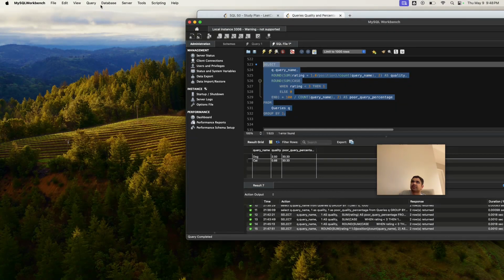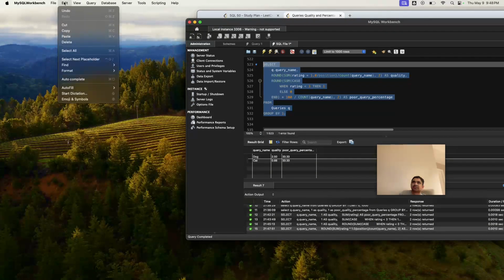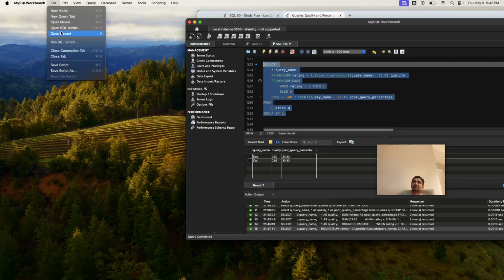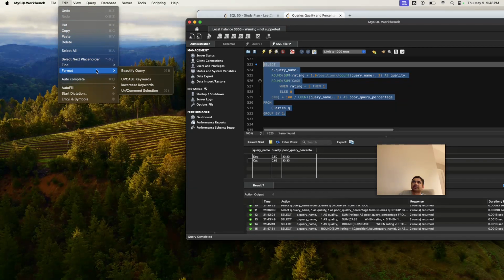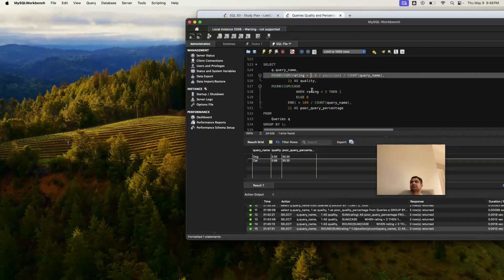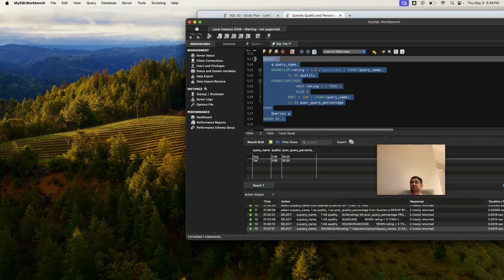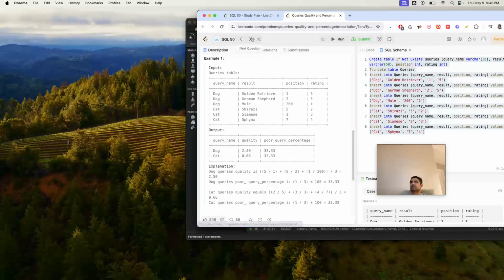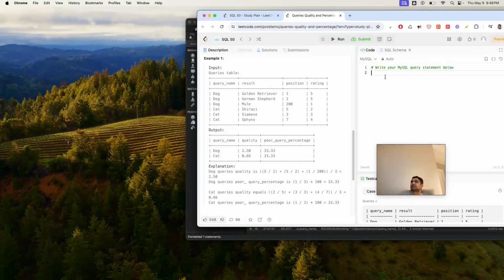Let me beautify the query once again before I take that query and execute it on Leetcode. So beautify query, that's done. And in future, I will publish all this on my website, but not right now.